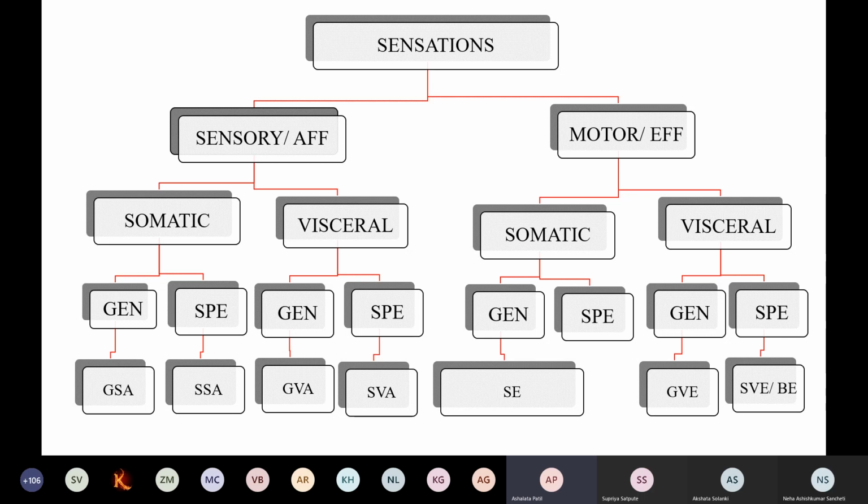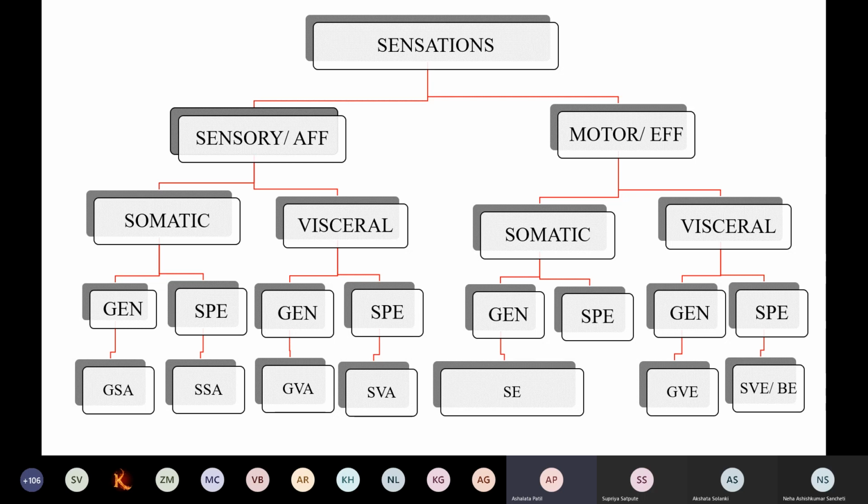Here, you will see these functional components: somatic and visceral afferents or efferents, further divided into general and special. Ultimately, instead of 8 groups, 7 functional component groups are formed, 3 in the motor and 4 in the sensory group.